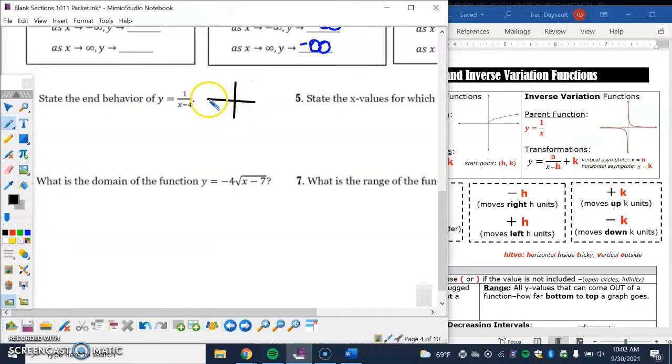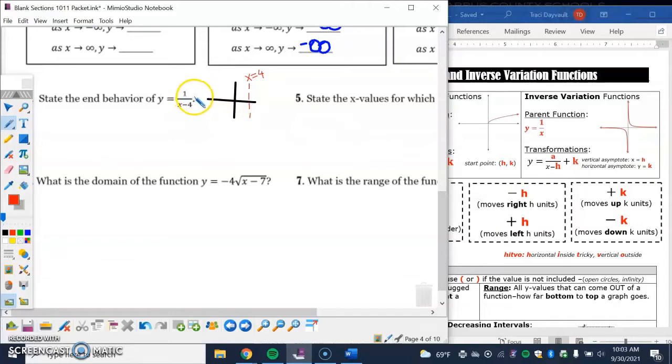So if we were to draw a rough sketch of what this looks like, our parent function has the asymptotes at 0 and 0, but this is going to have a vertical asymptote at x equals 4. So if I come over here, I'm just drawing a rough sketch of what this would look like. And the horizontal asymptote is at y equals k.